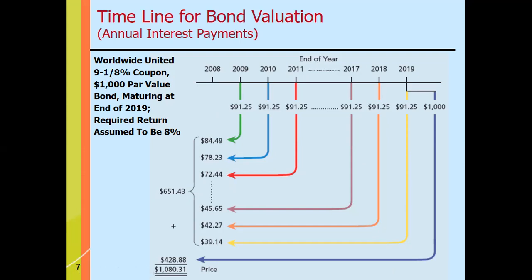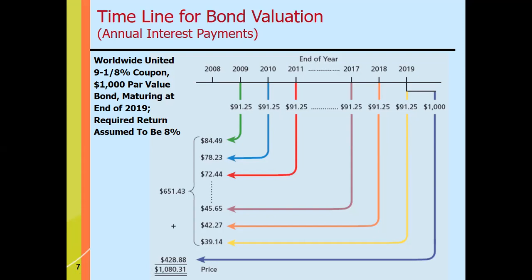So that's 9.125 divided by 100. So we get the percentage 0.09125 multiplied by $1,000. We get 91.25 for each period. And then we are going to multiply that with PV of 1 for each year. Or we can make use of the shortcut.